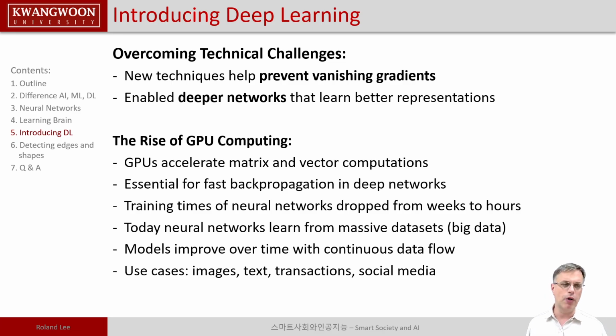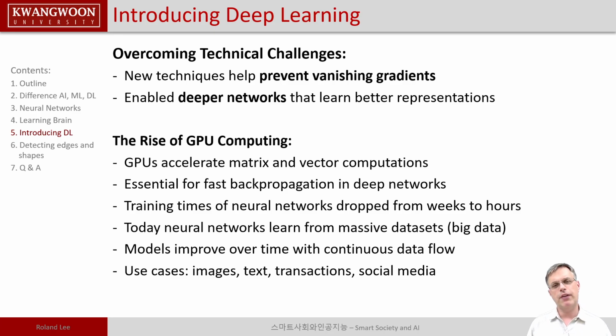GPUs are now more powerful matrix and vector calculation computing units that speed up the computations for backpropagation. These technologies make training neural networks achievable in a short time and accessible to more people. Research also opened a world of new applications.